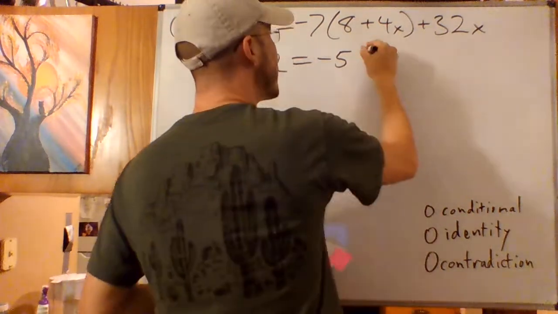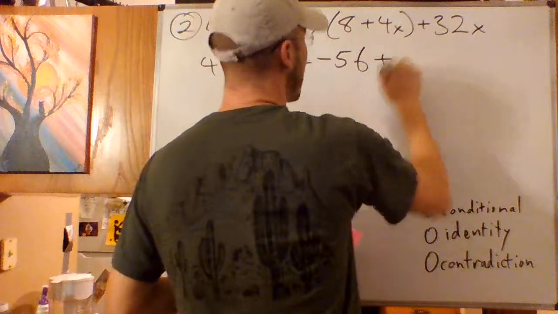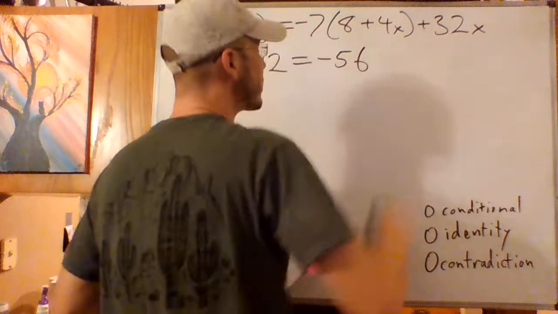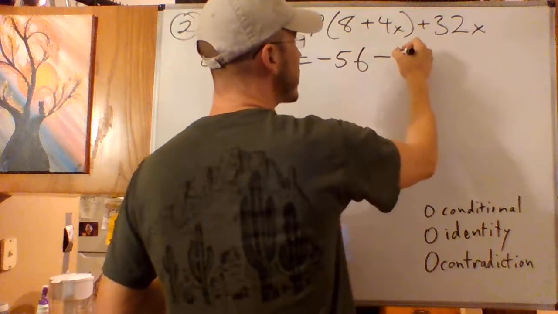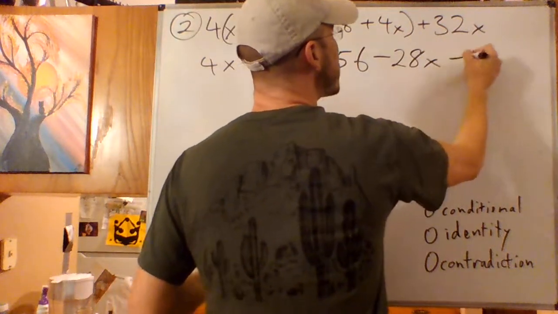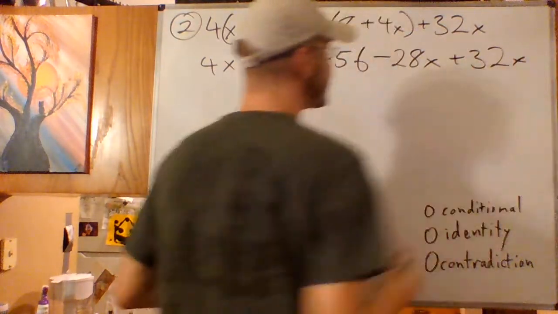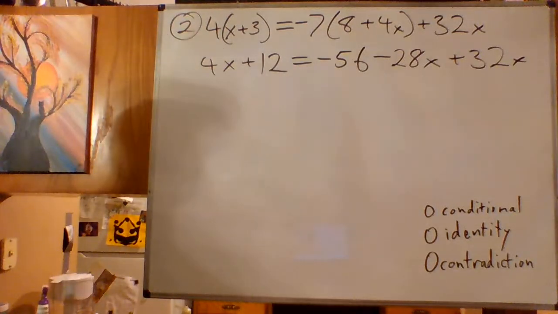Sorry. 56 plus, I'm going to distribute the negative also, so it's negative 7 times 4 minus 28x plus 32x. So that's just the result of distributing on both sides.